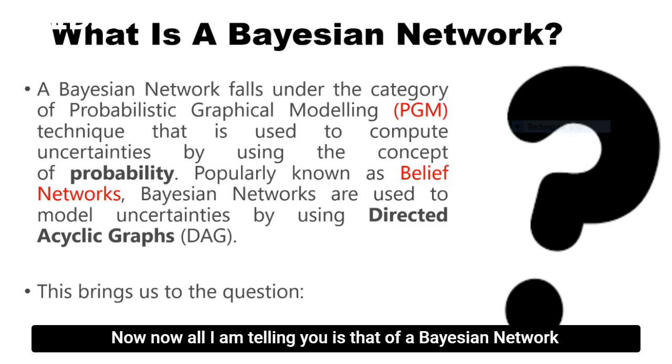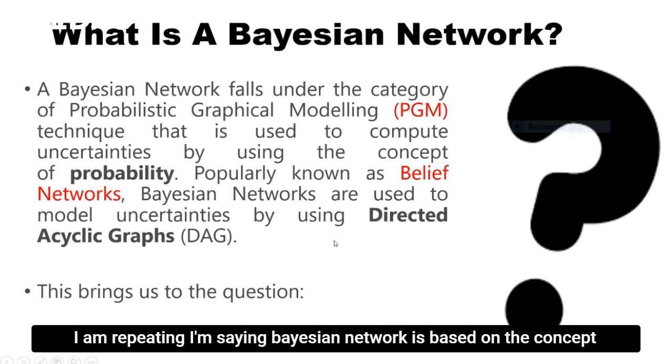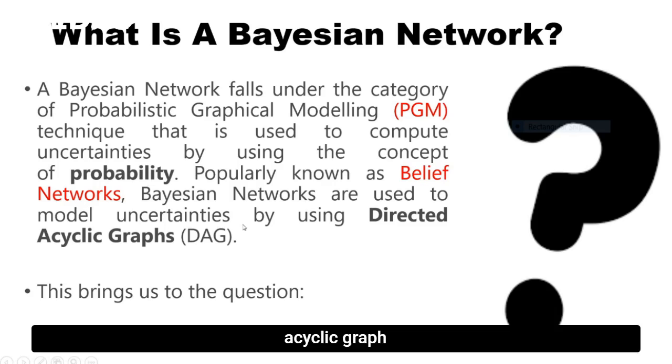All I am telling you is that a Bayesian network is based on the concept of probability and it can be represented by using a directed acyclic graph.